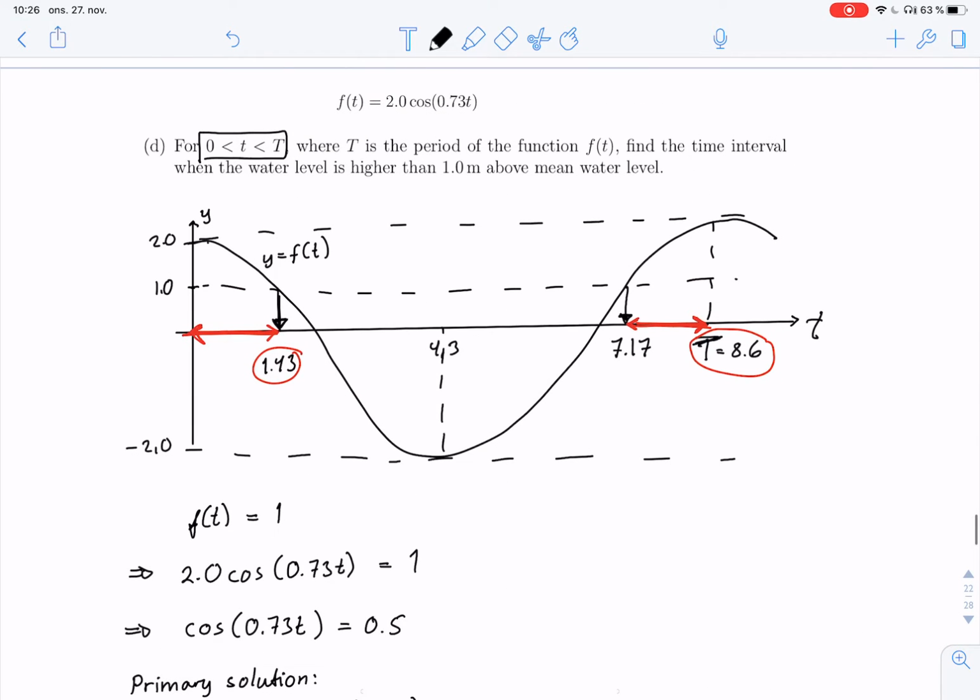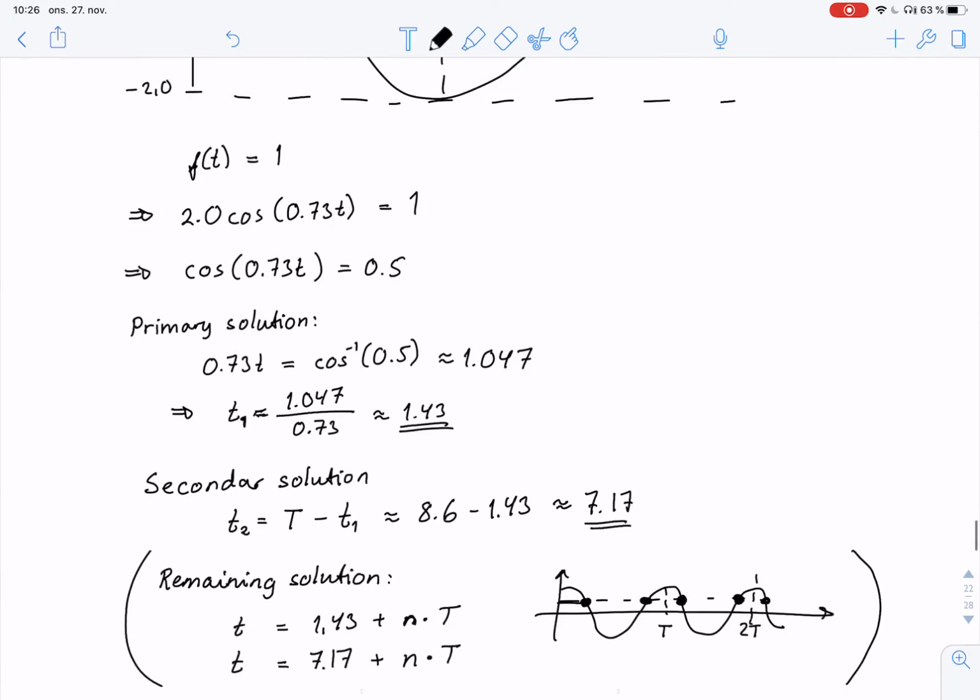But we wanted to know where it was above mean water level, 1 meter above. We only found the solutions where it is equal to.